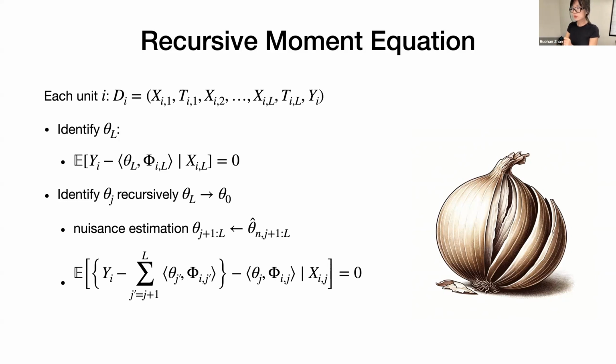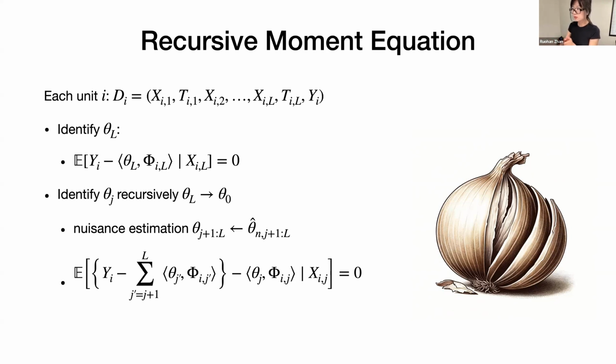And then we estimate theta j recursively, from theta L to theta L minus 1, and so on to theta 1 and theta 0. For example, for stage j, suppose we have already estimated theta j+1 to theta L. Then we have this second moment equation, which helps us identify theta j.